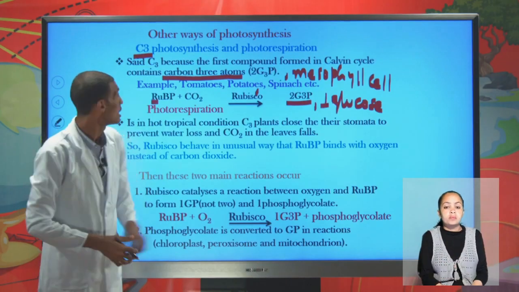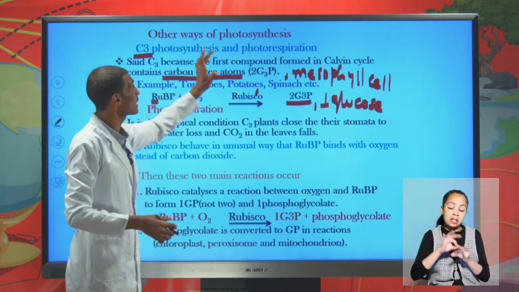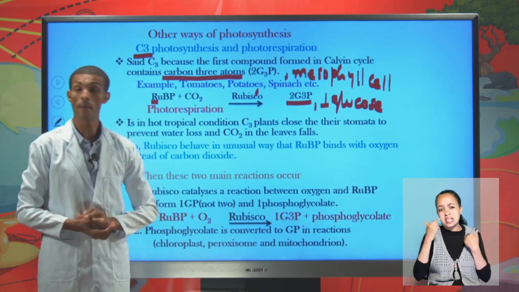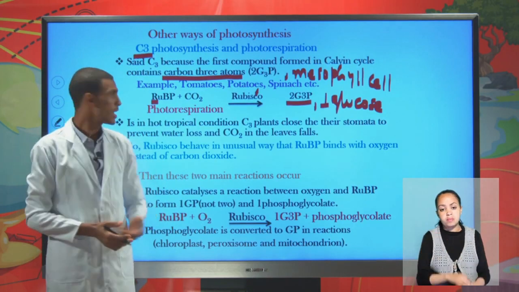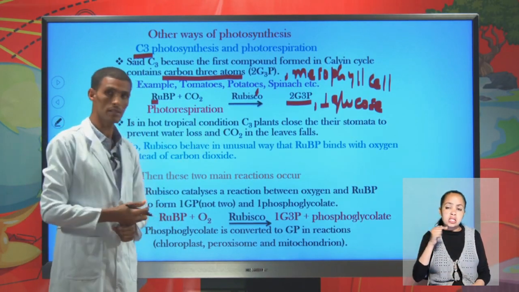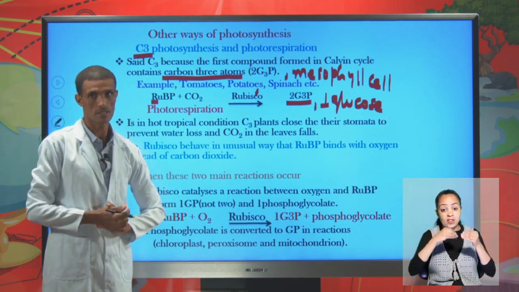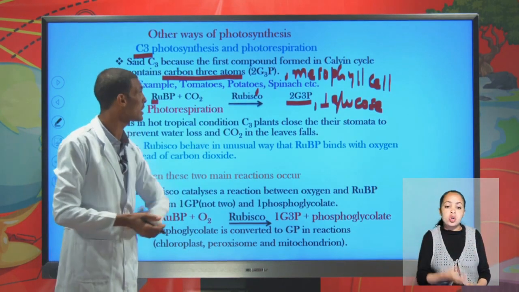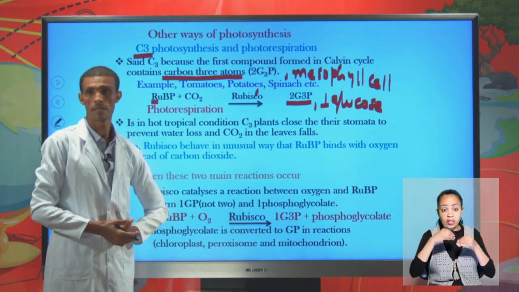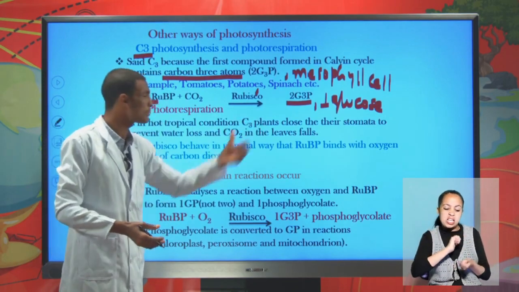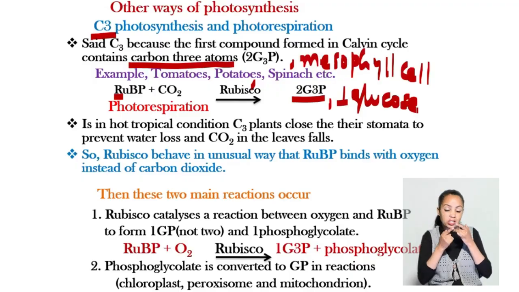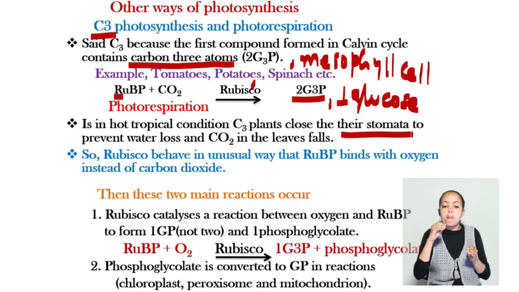These plants may have certain limitations under certain conditions. In a hot tropical environment, when heat stress manifests, they change their adaptation. They try to close their stomata, the pores for exchange of gases, carbon dioxide and oxygen.